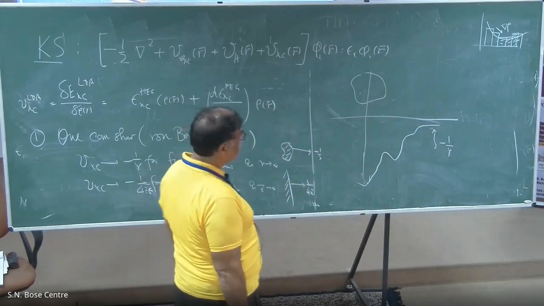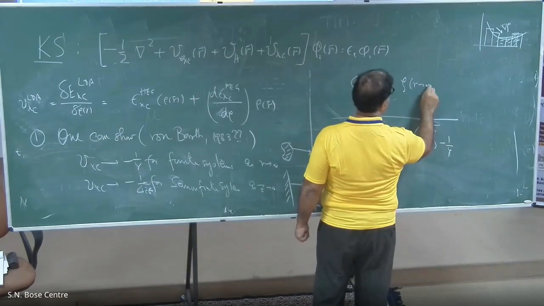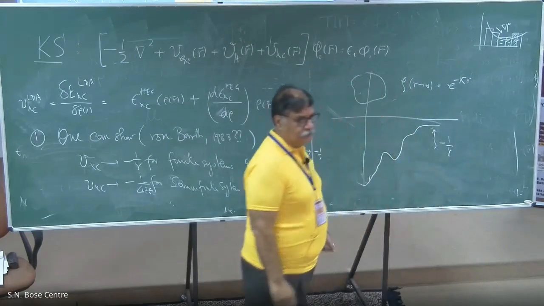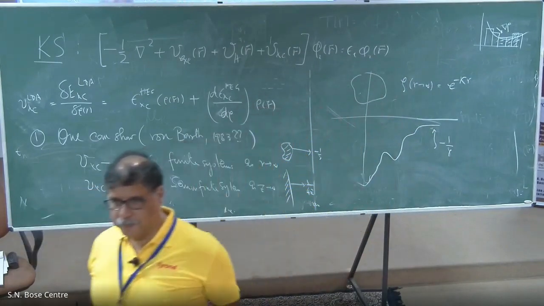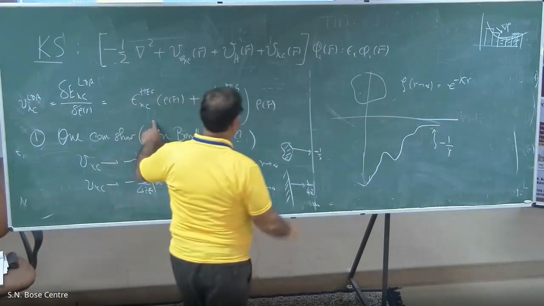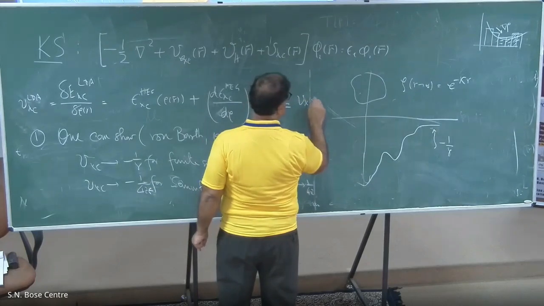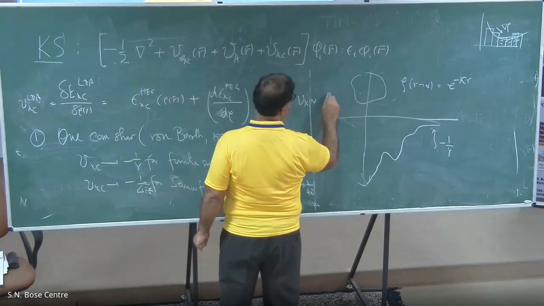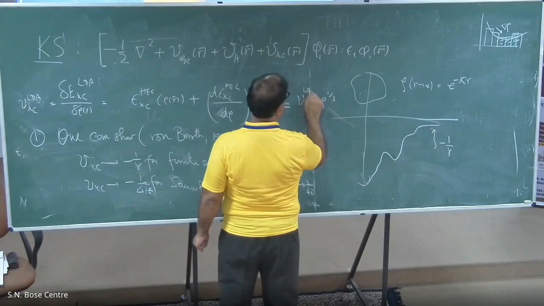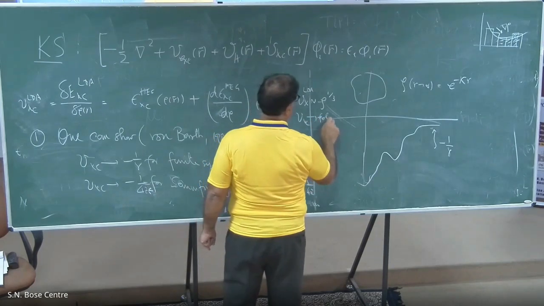In any finite system, rho as R tends to infinity goes as e raised to minus some constant times R. It decreases exponentially, right? So once you calculate this, the exchange goes as rho raised to 1/3, and the correlation goes by a constant.